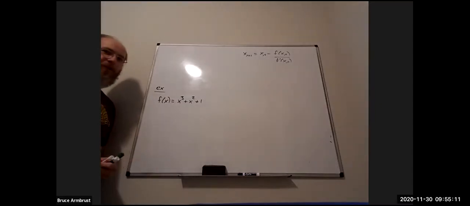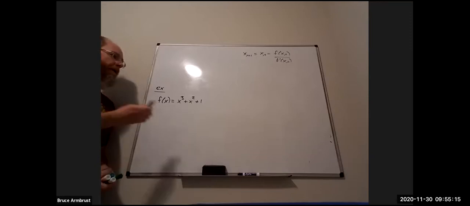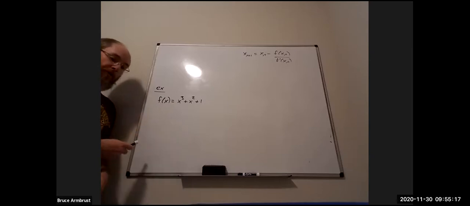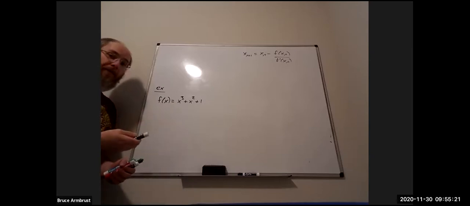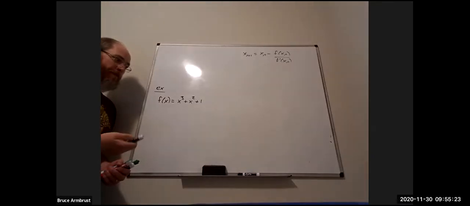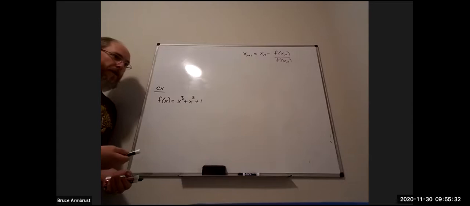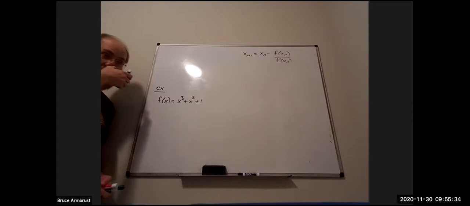So super easy, no big deal. And again, let's find zeros. And we're not going to draw the graph. I'm not going to actually draw the graph for you here. I'm going to show you another way that we could actually make a guess for an initial starting point.